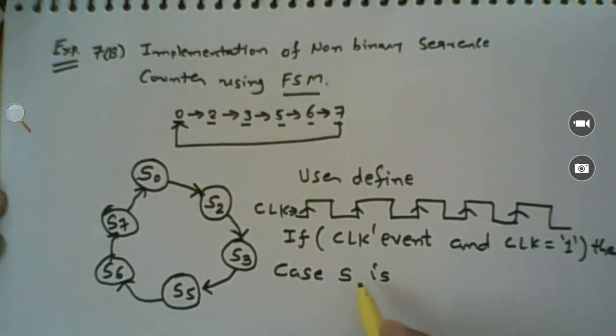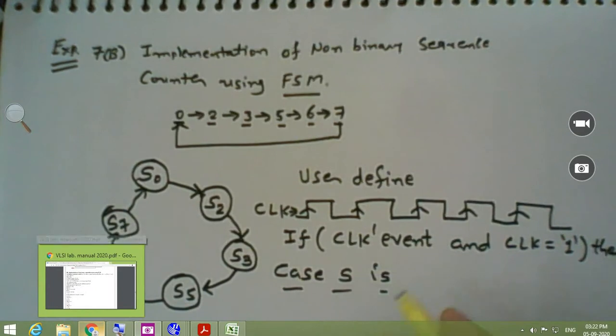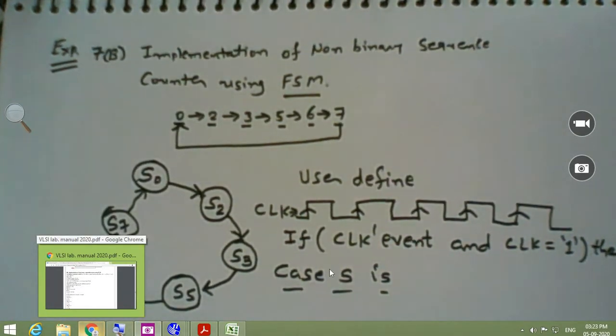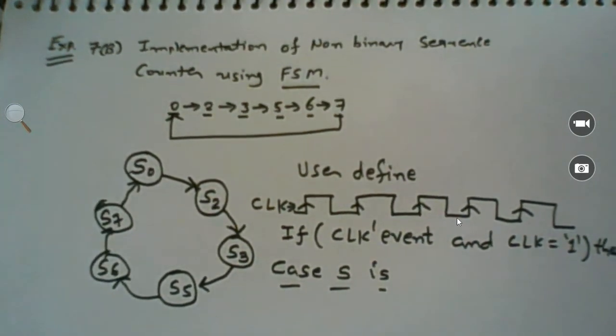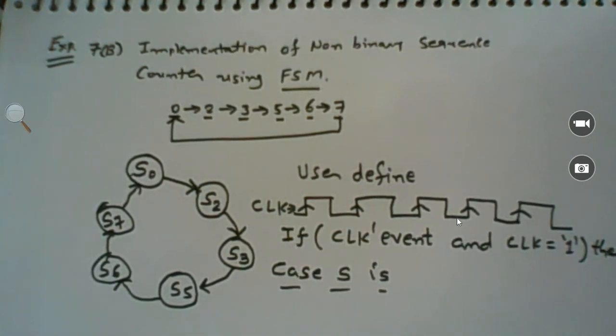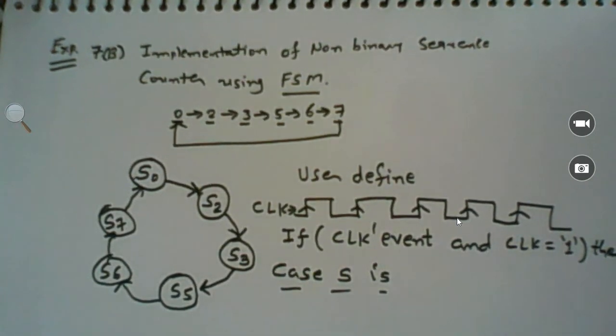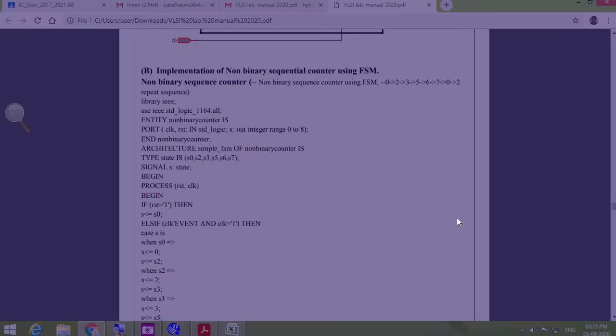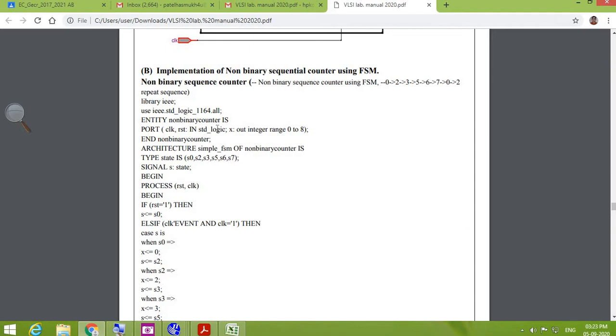If S is S0, then we display the output 0 and it moves to the next state, S2. So let's see the VHDL code for this. Here we can see the VHDL code for the non-binary sequence counter using FSMs.